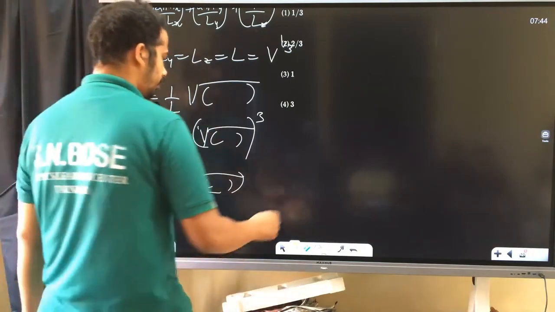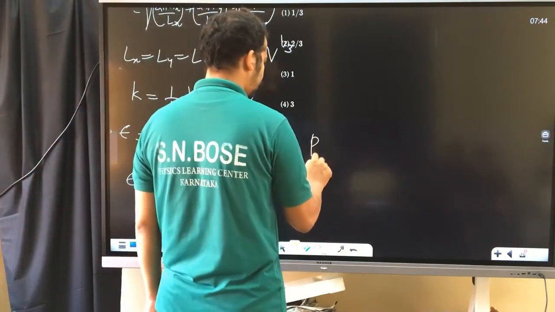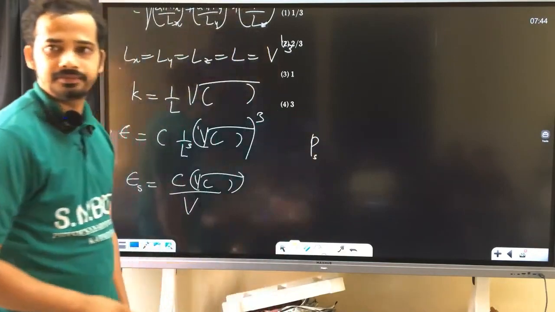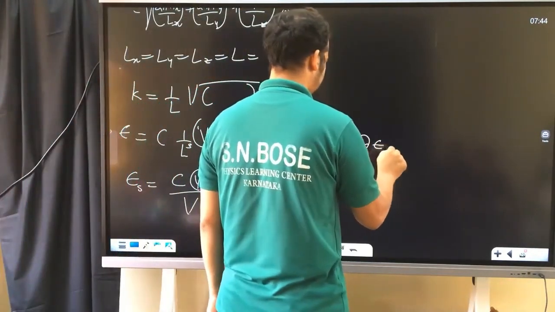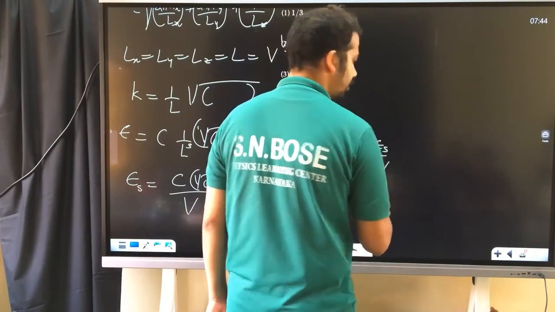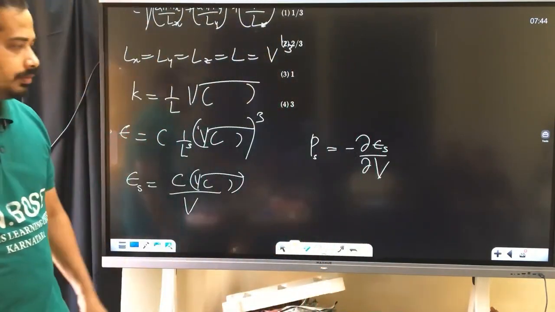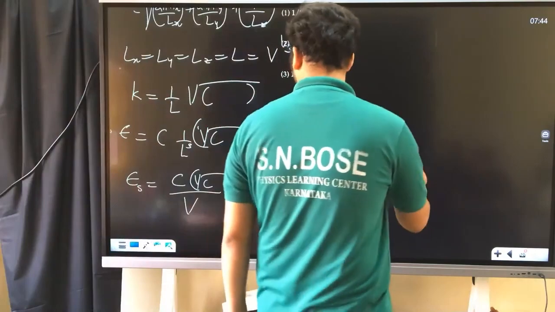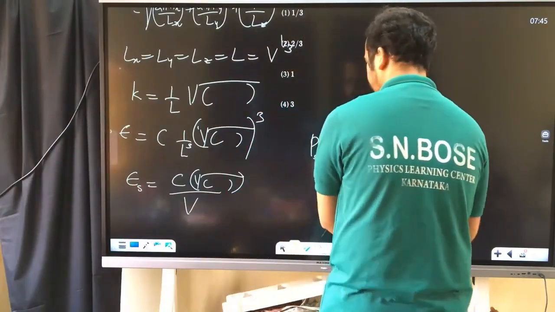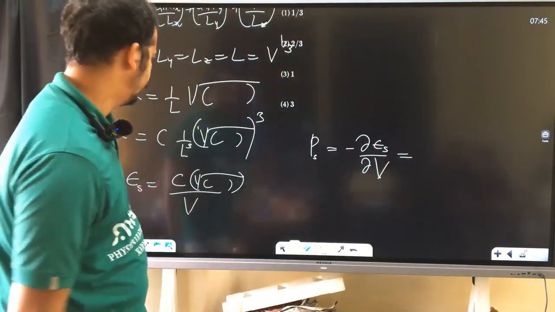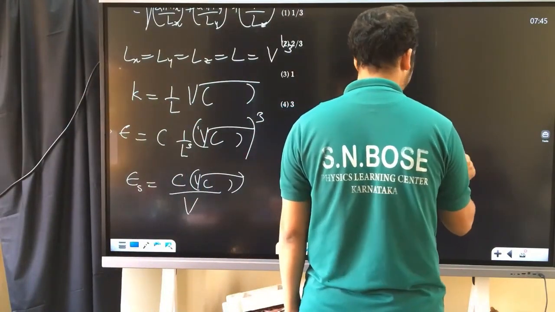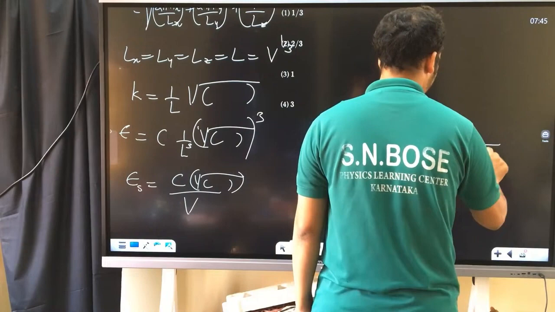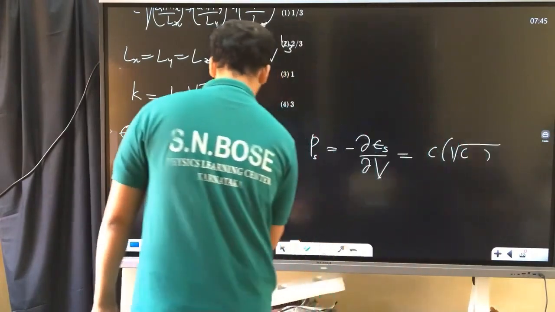Then what we have written, do you remember? Pressure contribution by the state S is equal to minus dou Es by dou V. So that's equal to C into this under root of this one, whole cube actually.